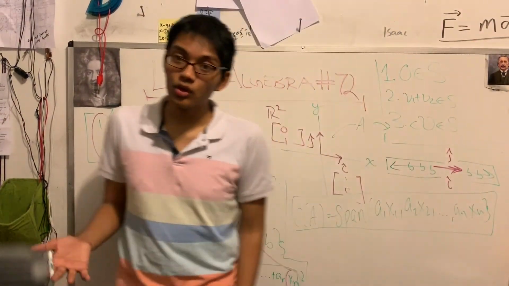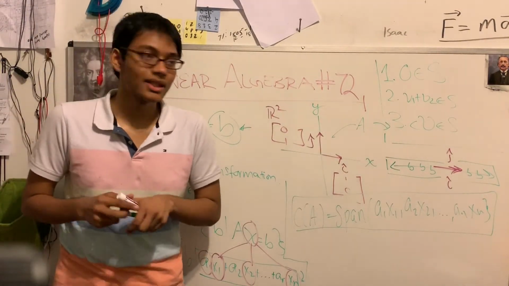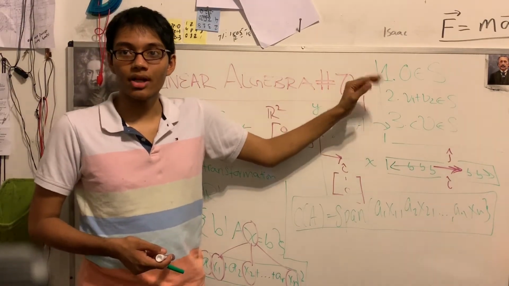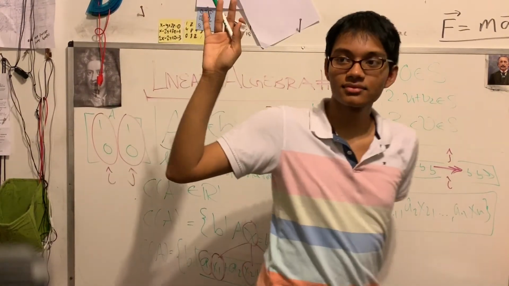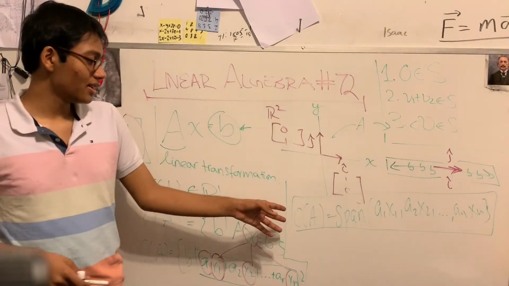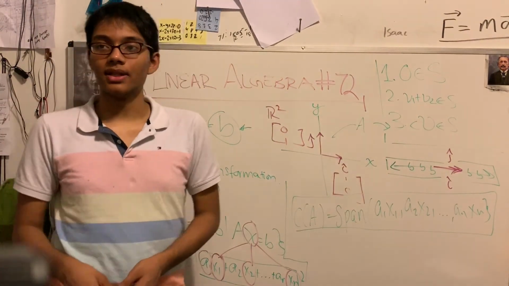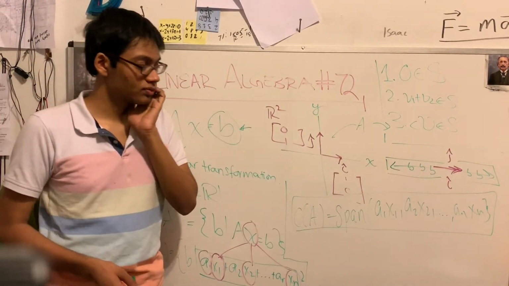How can I prove that the column space is an actual subspace that meets all three of these criteria? Any ideas?